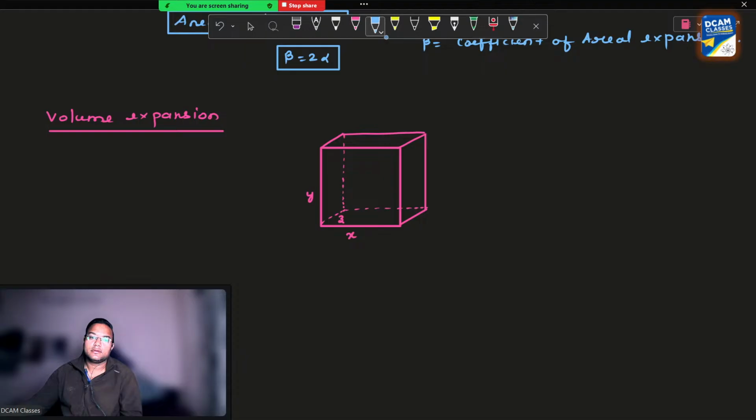It's given V1 is equal to V0 into 1 plus gamma delta T, where delta T is T2 minus T1, and T2 is greater than T1. You have to find out the value of gamma.